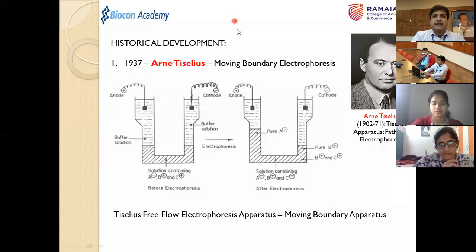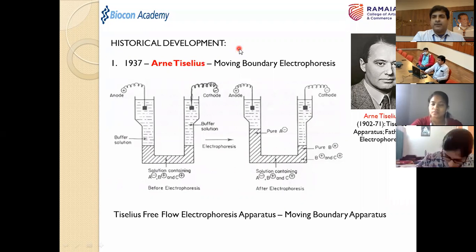So to start with the electrophoresis topic, let us start with the historical perspectives of gel electrophoresis. As you can see on the screen, it was in 1937 by Arne Tiselius. You have his photograph also on the right side.